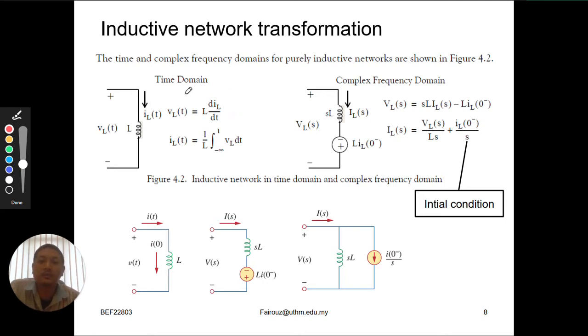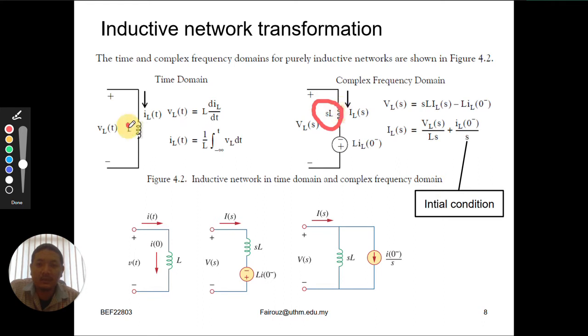However, if we convert or transform this circuit, V_L and I, into S domain, we can see that the values have changed. The first thing we can see is the inductor itself.